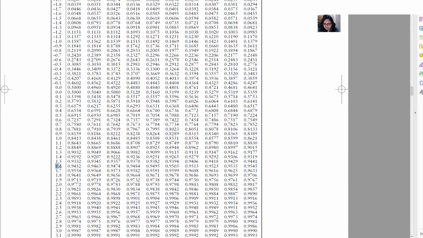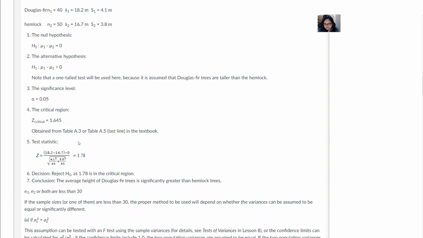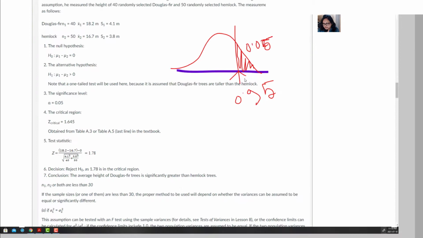So the value is 1.6, but the other decimals are 0.04, 0.05. So that means it's actually 1.645, in between them. So that's why the value would be 1.645. That means 1.645 is the critical value.